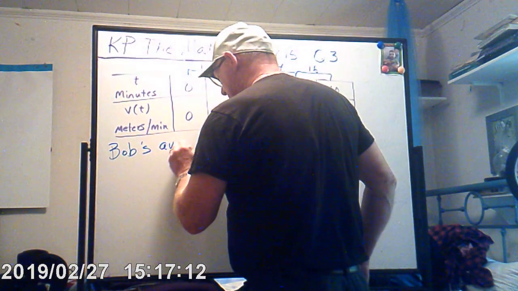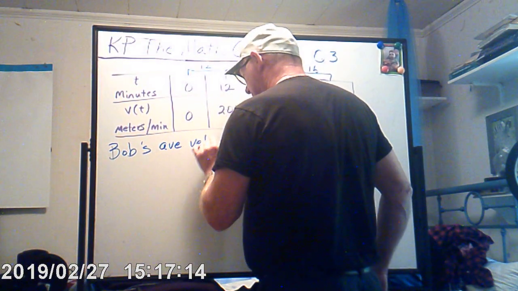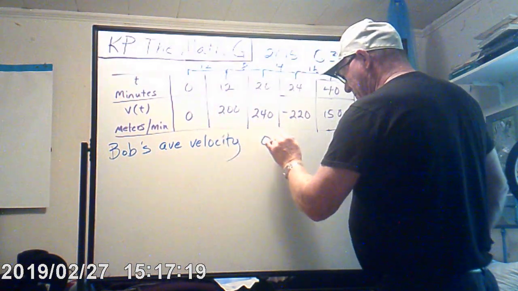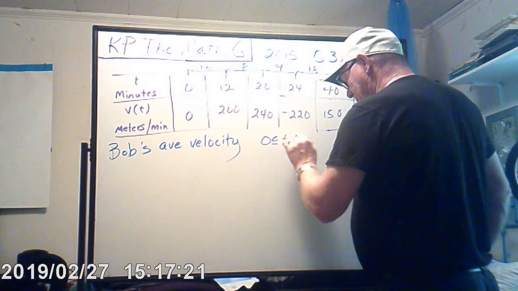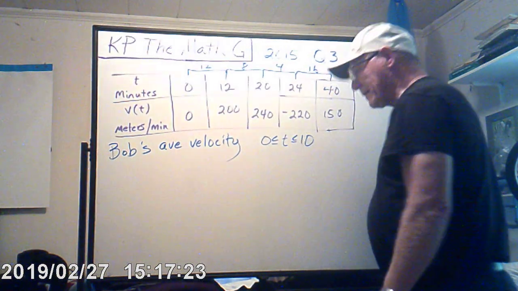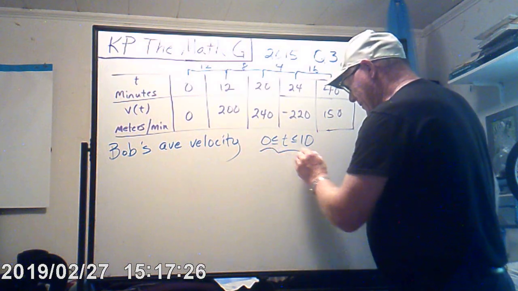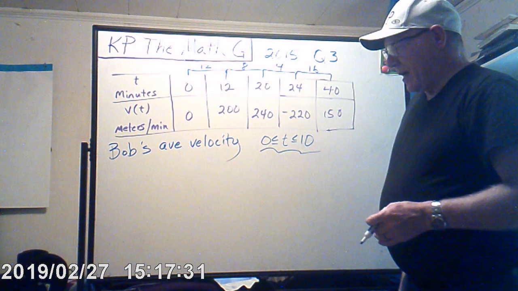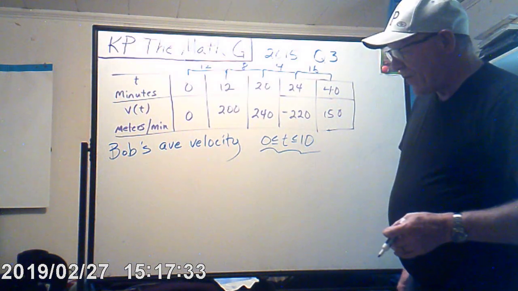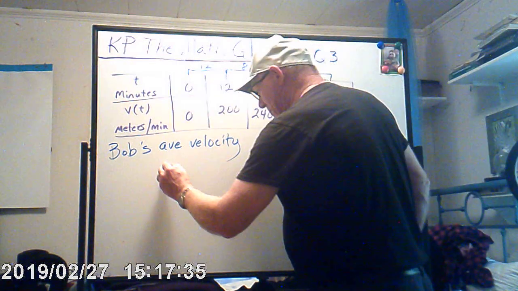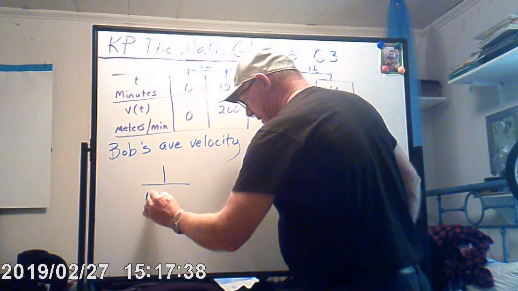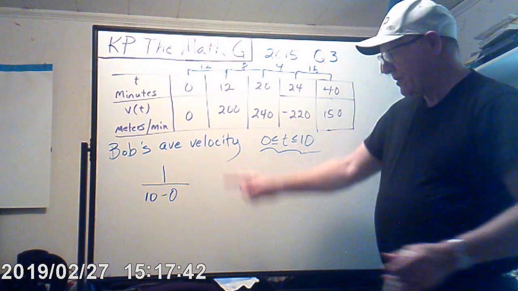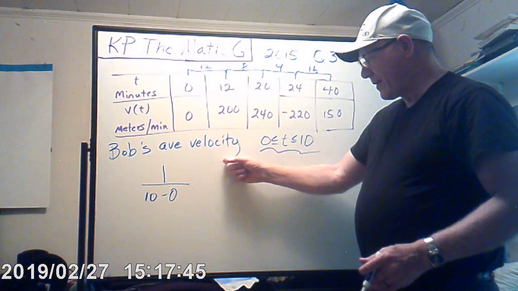So we're looking at Bob's average velocity. Now remember, the interval is t between 0 and 10. You have to remember that when you're dealing with average velocity. This is going to be 1 over 10 minus 0. Average anything like that.